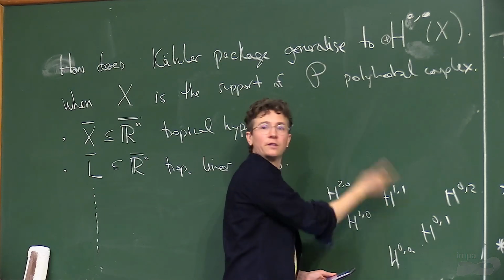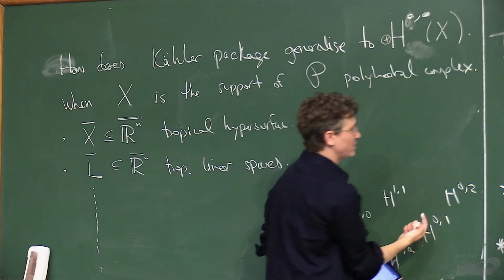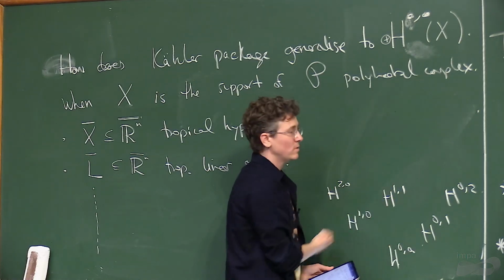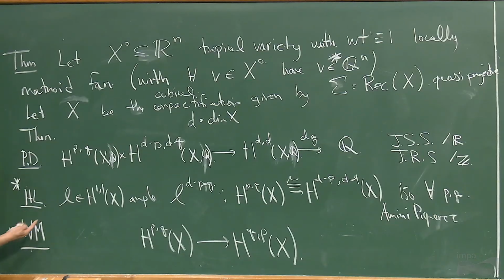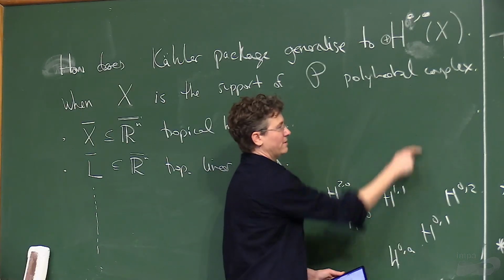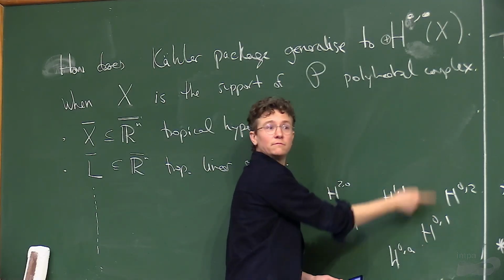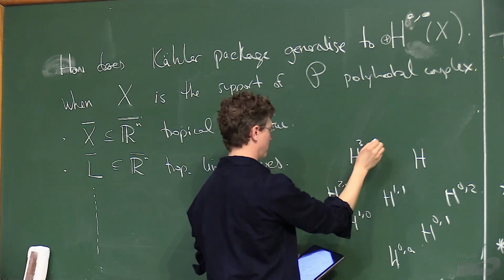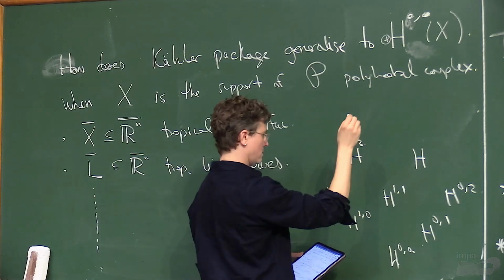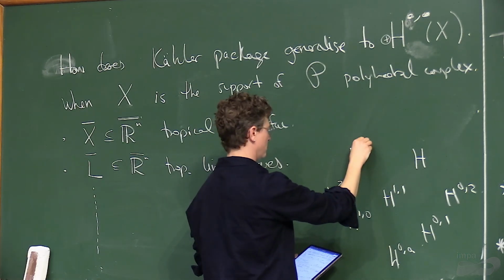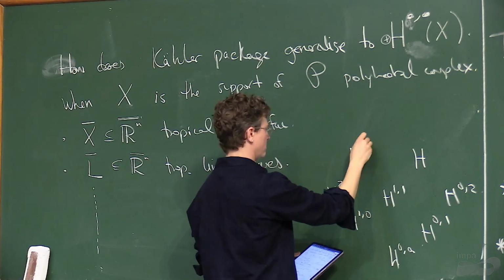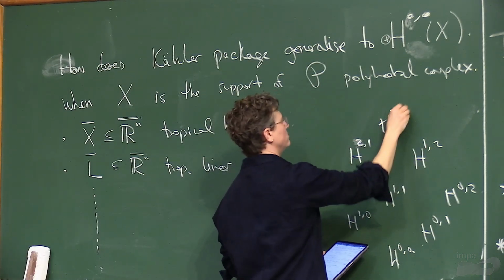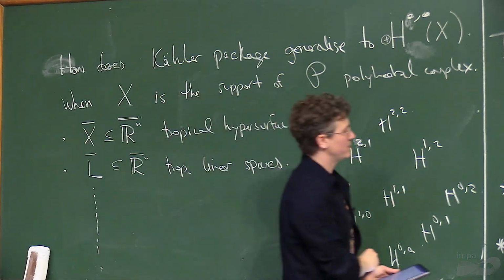Hard Lefschetz is just going up 1 in P and up 1 in Q. And then we do that enough times to get up to the corresponding reflective spot. H^{2,1}, H^{1,2}, H^{2,2}. This is in D equals 2.